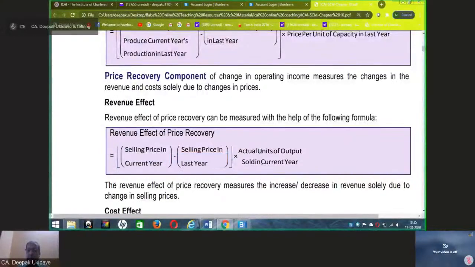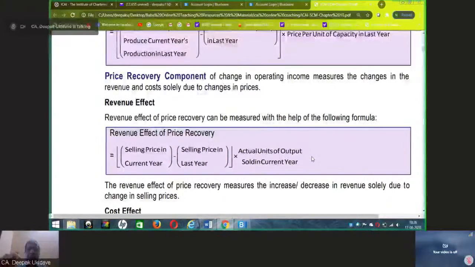And be clear, in the growth component, we were taking the base as last year's volume. But now we are taking current year's volume. So a slight modification in your thought process, in your mindset, is required. When you look at the growth component, you take outside the bracket last year's units of output.